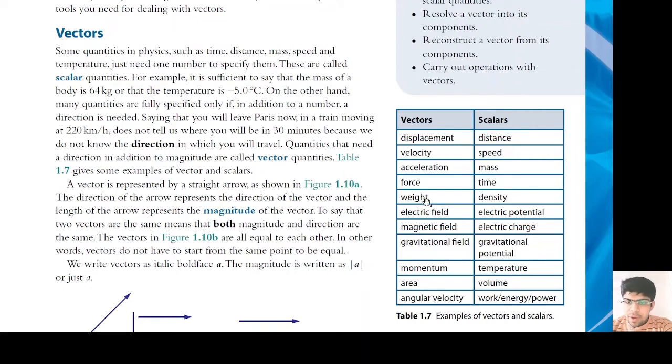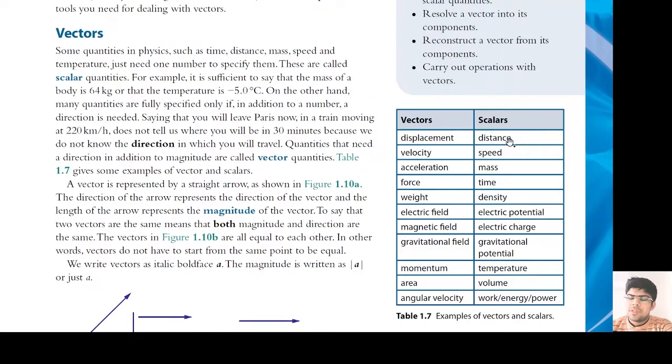Weight is also a vector, because it has magnitude and direction. And density is a scalar quantity, it only has magnitude. Electric field has magnitude and direction both, but electric potential is a scalar.